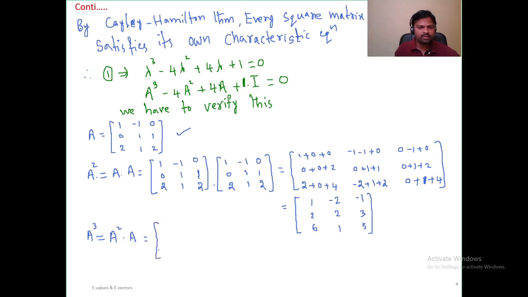Just now we computed: 1, -2, -1, 2, 2, 3, 6, 1, 5. And into A. What is A? 1, -1, 0, 0, 1, 1, 2, 1, 2. Then multiply this.